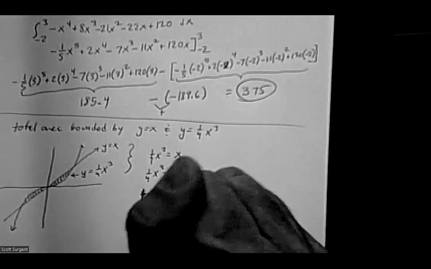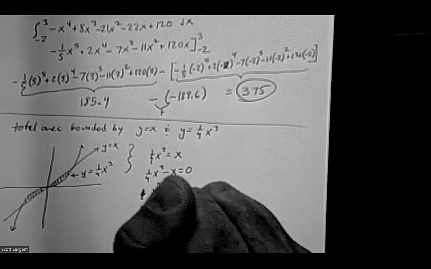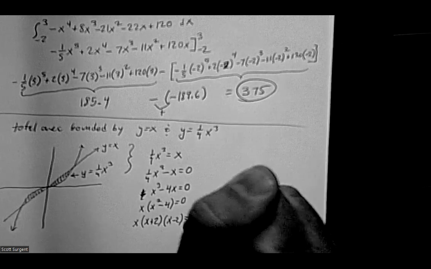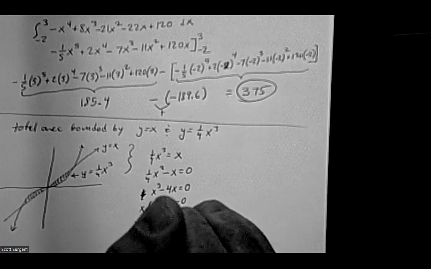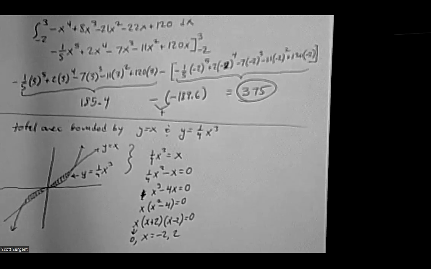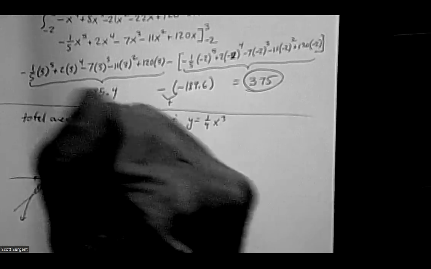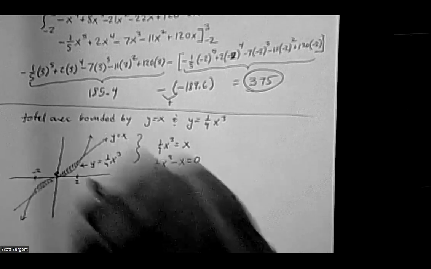I take out an x and have x squared minus 4 equals 0, and that works out pretty nicely. So x is going to be -2 and 2, and we also get a 0 here. So we actually have 3 intersection points, and it makes sense with the graph: 0 is in the middle, -2 back here, 2 here.